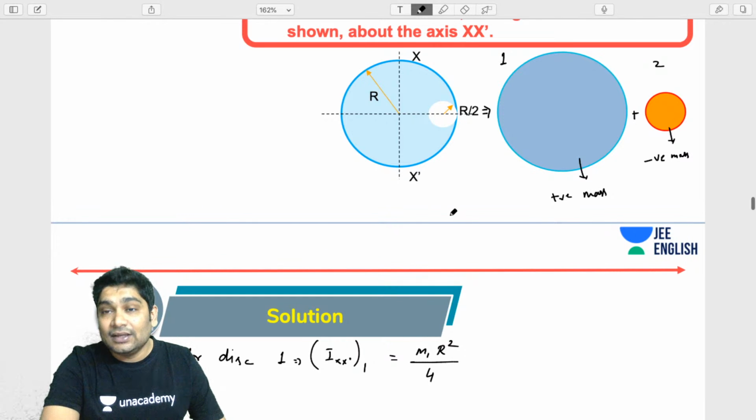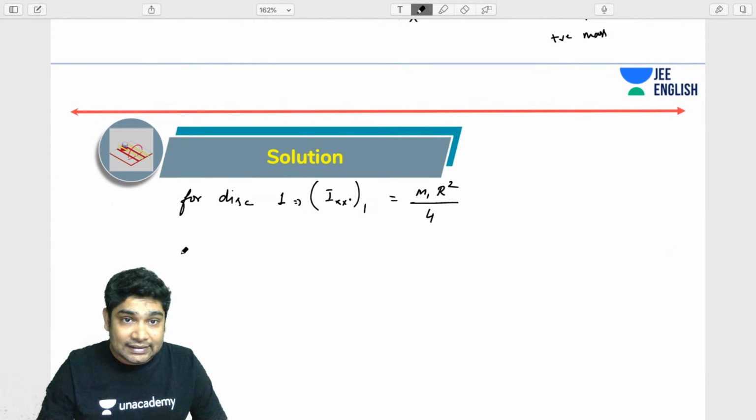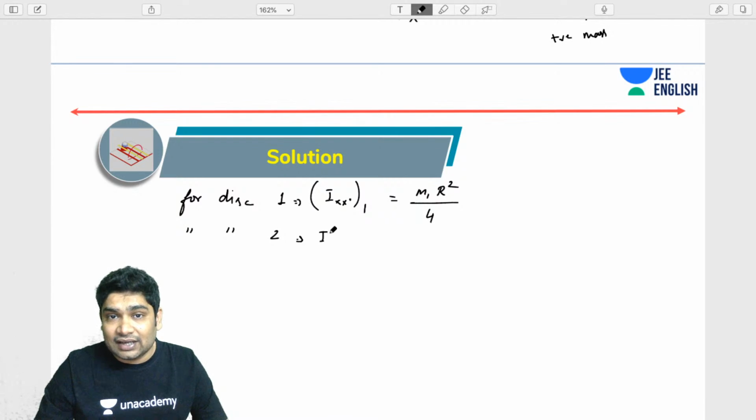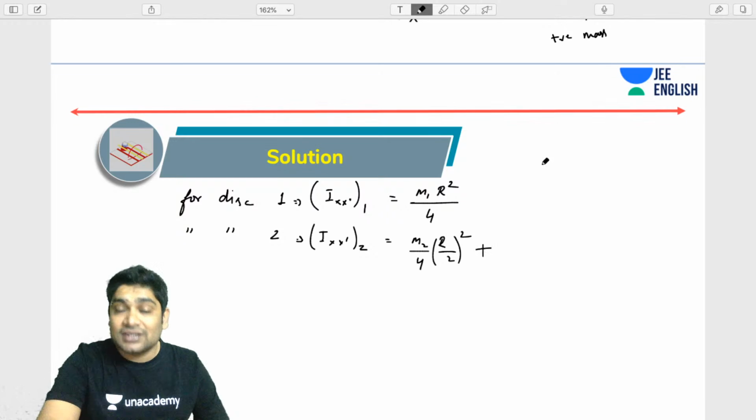Agreed. Similarly, if M2 is the mass of this, then what would be the moment of inertia of that? For disk 2, Ixx dash 2 would have been M2, and the radius of the smaller disk is R by 2, plus the perpendicular distance.